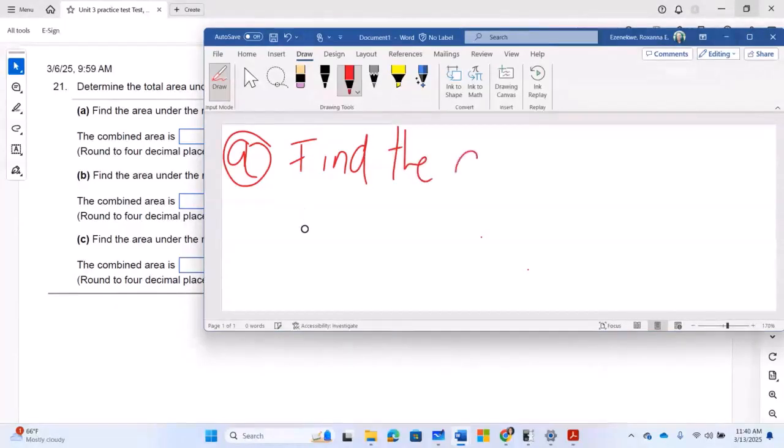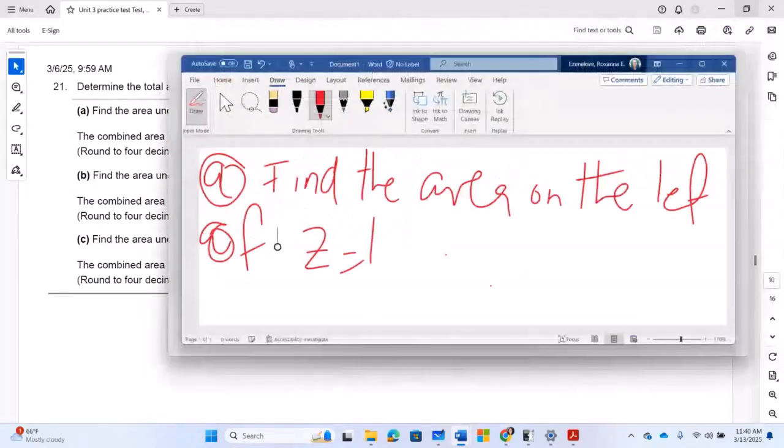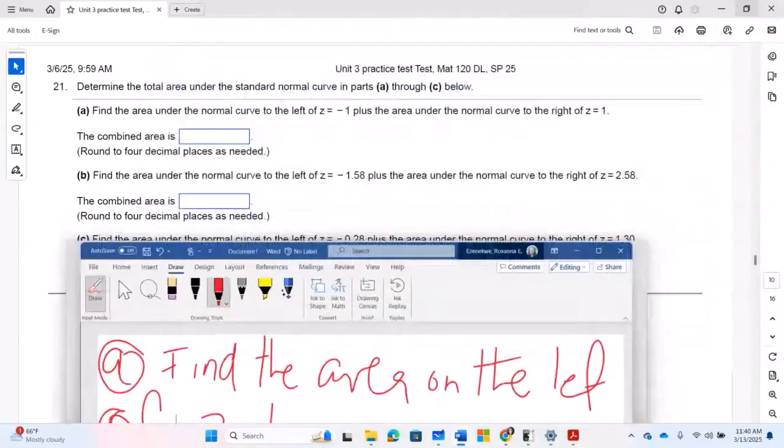The area on the left and right. On the left of z equal to -1. Let's see, make sure that I'm writing the question.